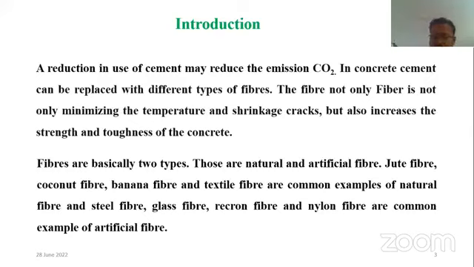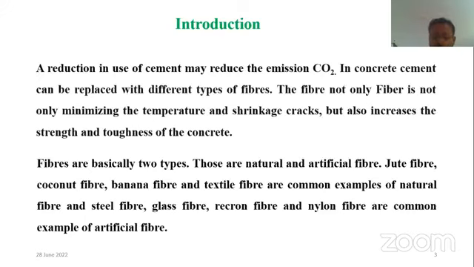There are two types of fiber available. The first one is natural fiber. The second one is artificial fiber. Now, why am I introducing the fiber? Because the fiber is not only replacing the cement requirement in the concrete, but it also offers resistance to cracks, increases the strength of the concrete specimen, and also gives stiffness and ductility properties to the concrete.